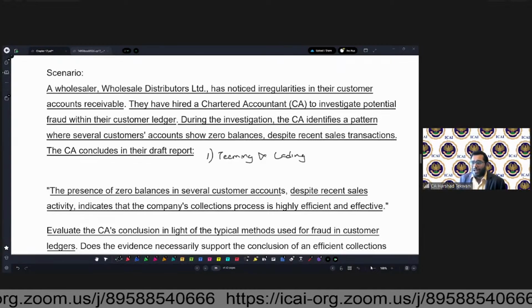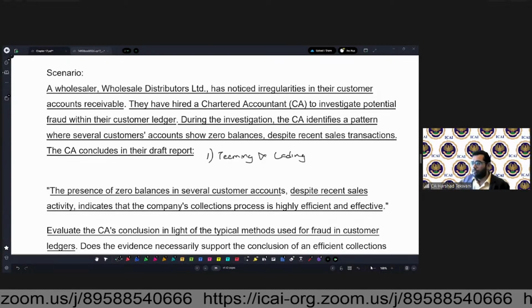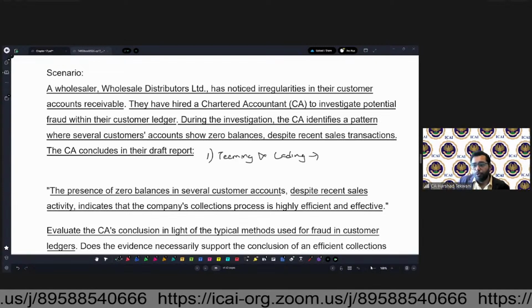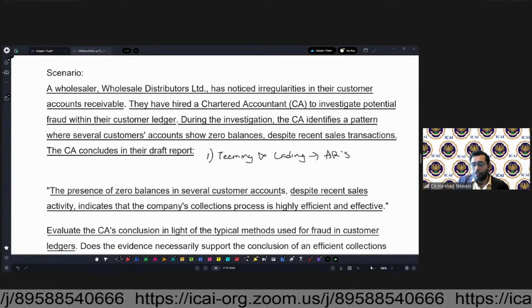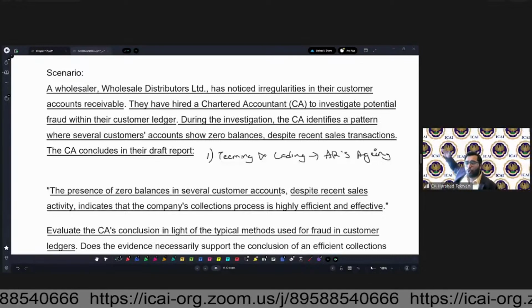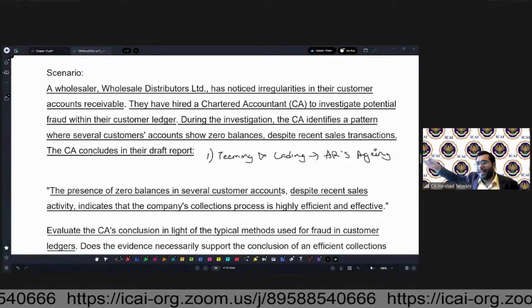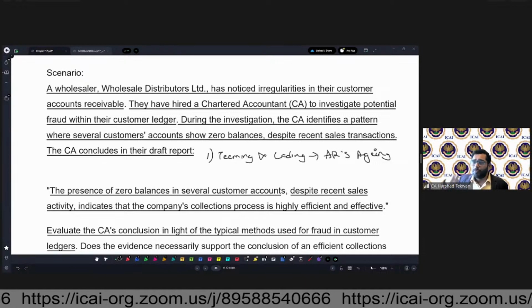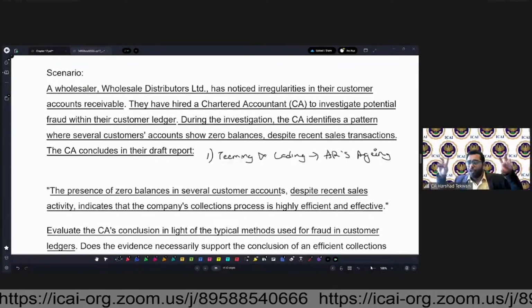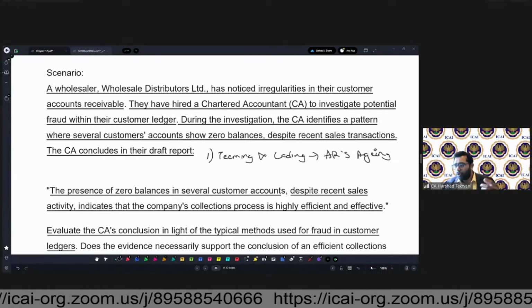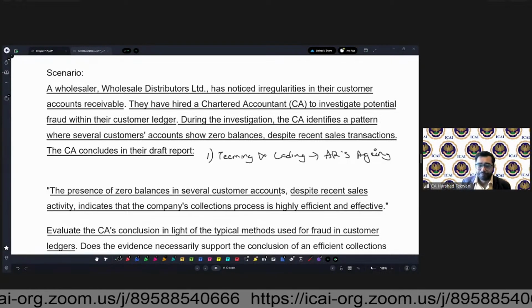Money received from one customer is used to cover previous customer's debt. By this way, they could also improve AR, account receivables aging, by applying the money to the old outstanding dues first, and then keeping open the recent outstanding dues. This way, the company will be able to show the account receivables are good, and they are recently aged. So teeming and lading.